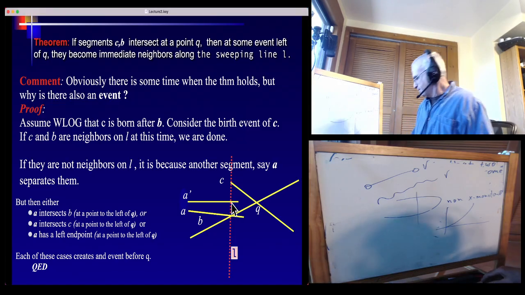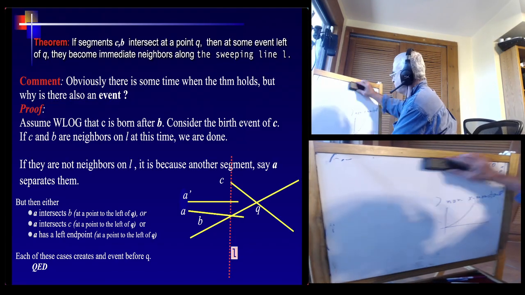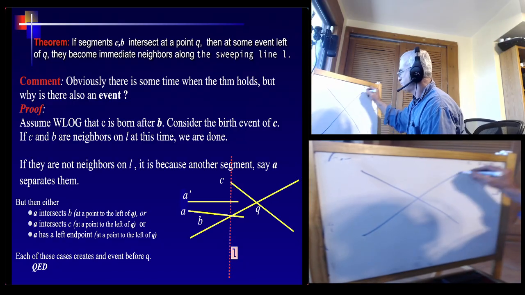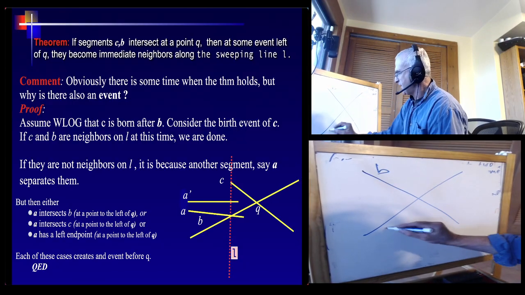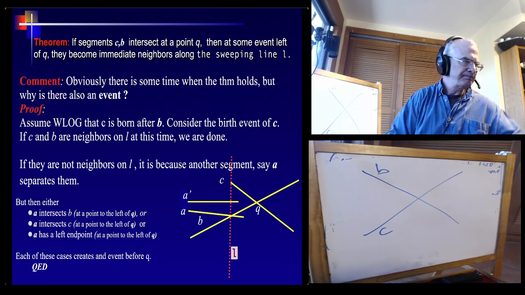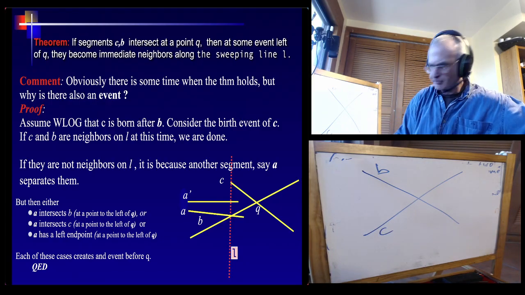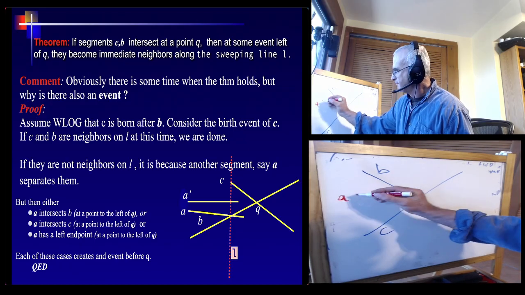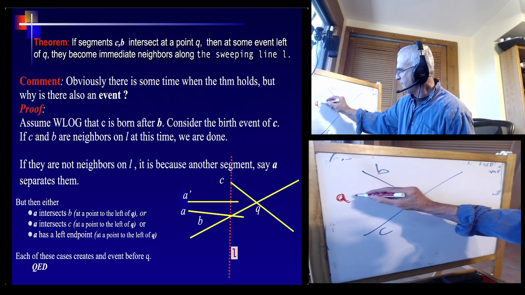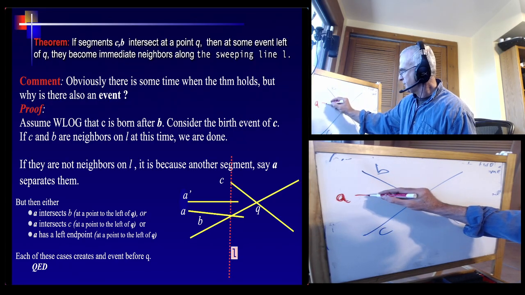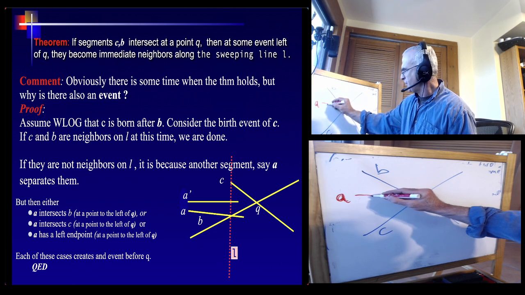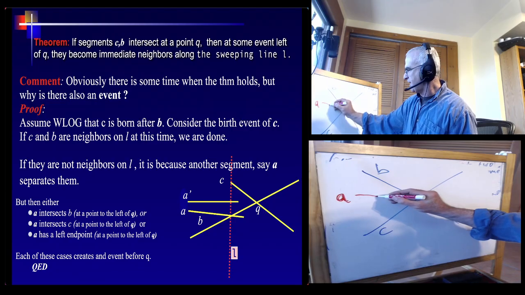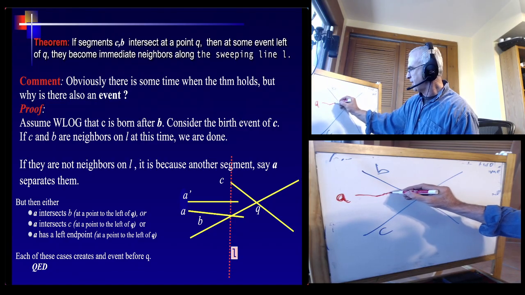What's the other option? Here is B and C. And I have this annoying A coming from the left, sorry, and it separates between B and C. It separates until what?